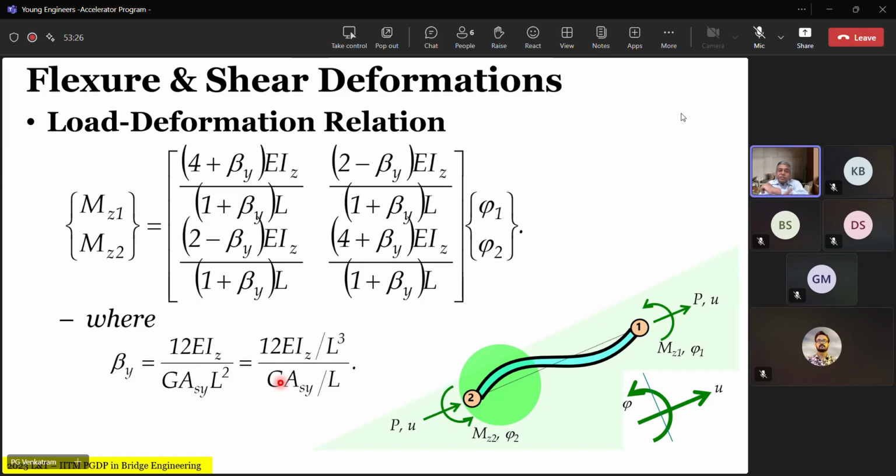So under what circumstances will this stiffness equation reduce to your pure conventional flexural stiffness matrix? Under what circumstances? Never?